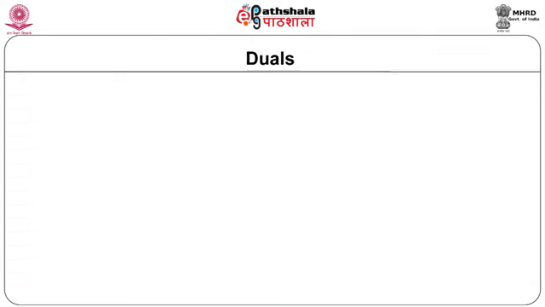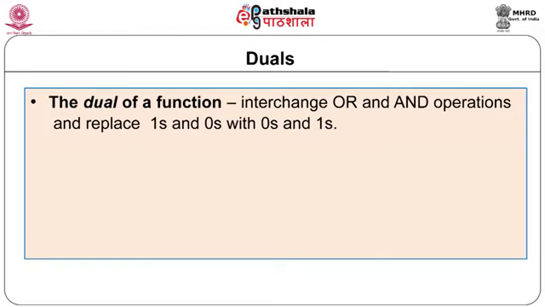Let us now talk about duals. Theorems were presented in pairs. The dual of a function is obtained by interchanging AND and OR operations and replacing ones and zeros with zeros and ones.